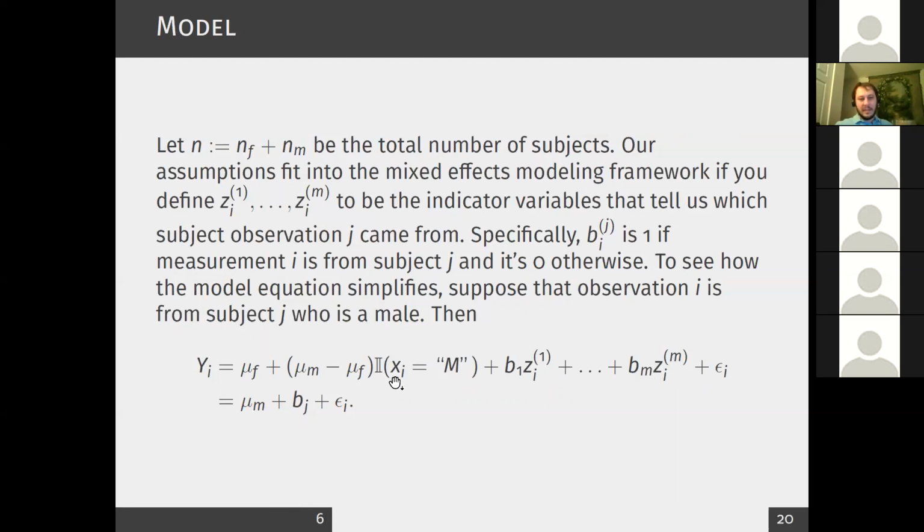If the ith person is a male, then these first two terms just simplify to mu M. But you can also incorporate the fact that different people have their own expected blood pressures that deviate from their group by some normal amount. And then their actual measured blood pressures are an error away from their expected blood pressures.